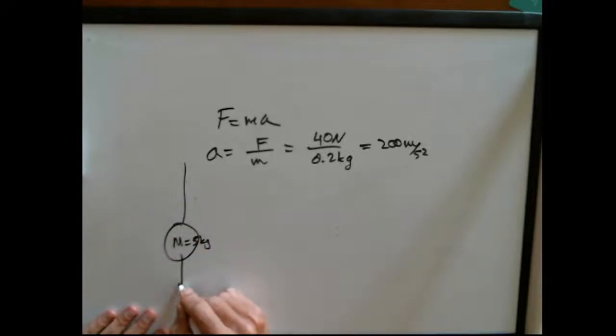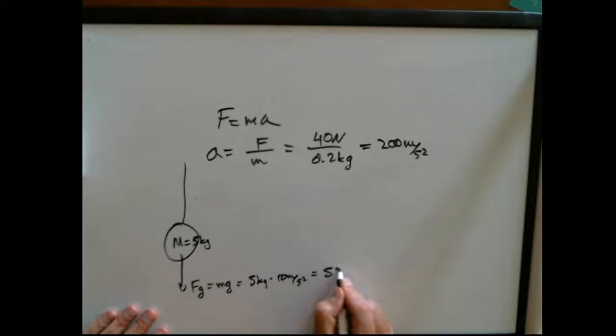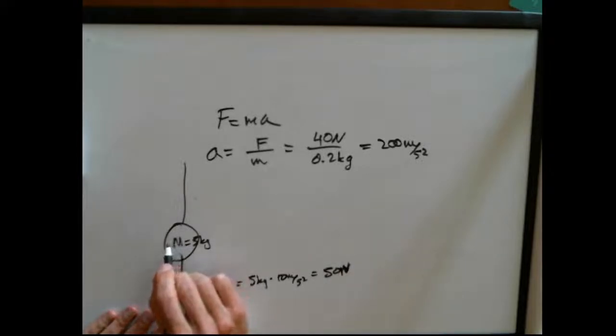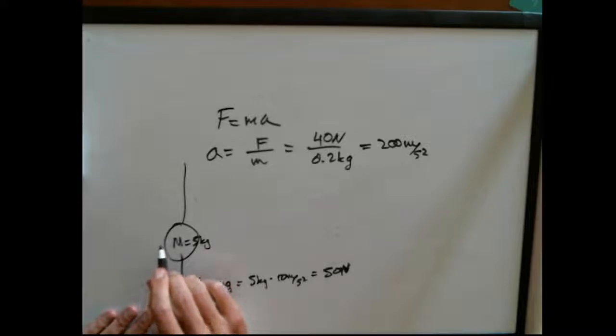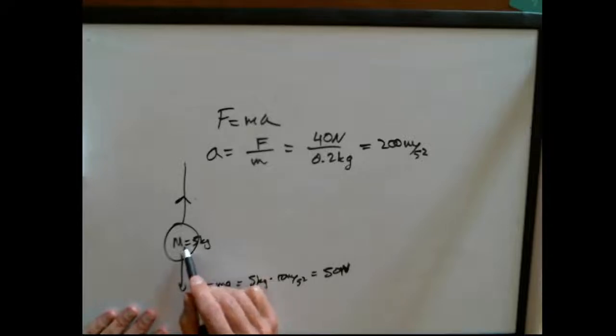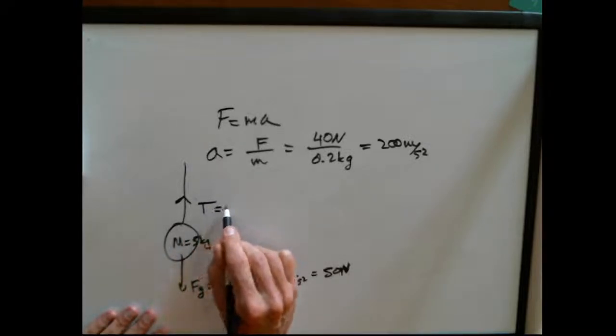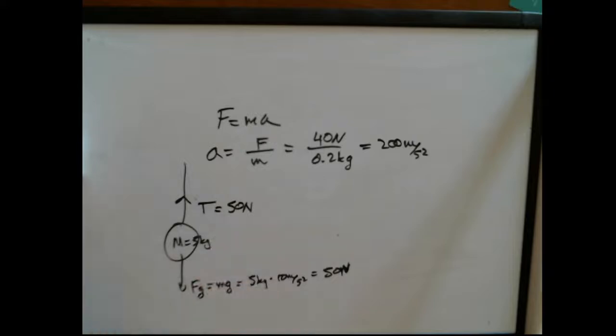I know that the force of gravity pulling this thing downward is mg, which is 5 kilograms times 10 meters per second squared, which is 50 newtons. But if the object is not moving, it's just hanging there, then something has to be pulling up to cancel this out, otherwise the ball's going to fall. The only other thing acting is the tension, and so the tension has to be 50 newtons upward, which is one of the choices there.